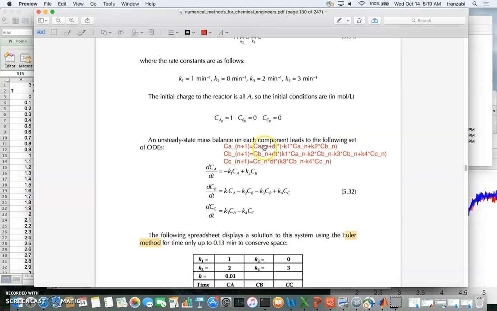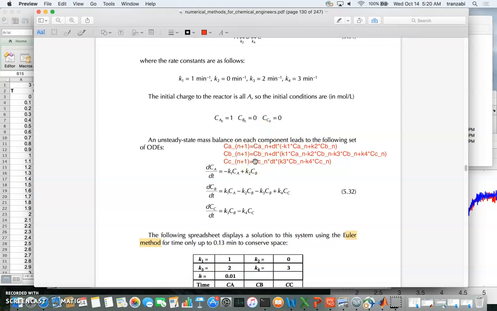So the first equation is the forward Euler version of the first, the second one forward Euler version of the second equation, and the third is the forward Euler of the third equation. So this is covered, I think, in one of the last videos. I really encourage you to go back and look at that if you don't remember what we did from equation 5.32 to these set of linear equations.